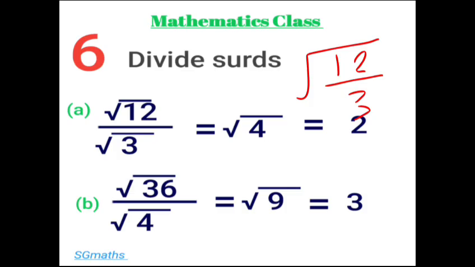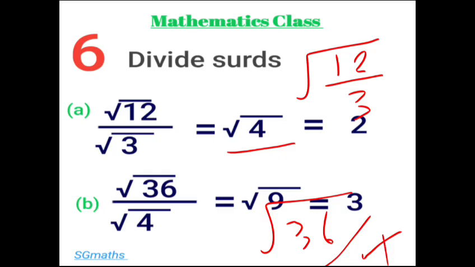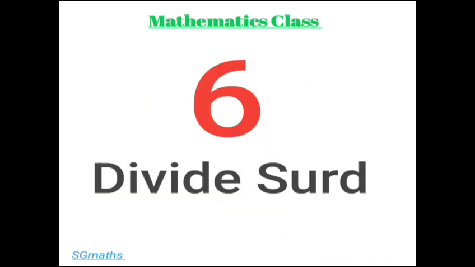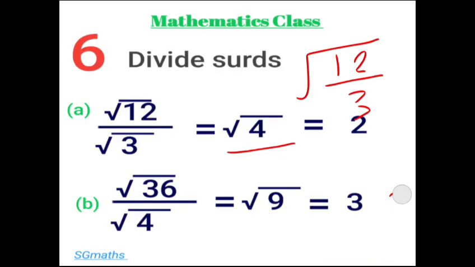So you take all the roots together, put them there. You said 3 into root 12 gives us what? Gives us 4, and root 4 gives us what? 2. The same thing is applicable to root 36 divided by root 4. So this one also, take it 36 divided by 4, and that will give you what? 9. That gives us root 9, which is equal to 3. When you take the square root of 9, you have 3.